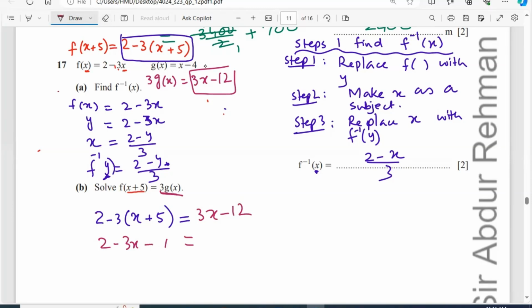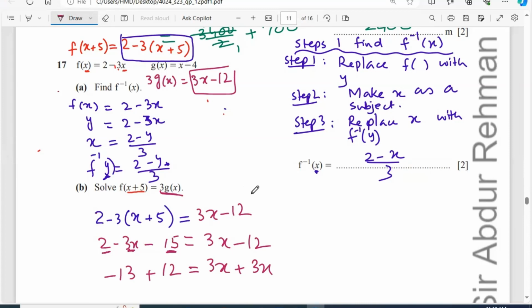For solving, put all variables on the same side: 3x plus 3x. We shift the 2 minus 15, which is minus 13, and we shift minus 12, so it becomes plus 12.